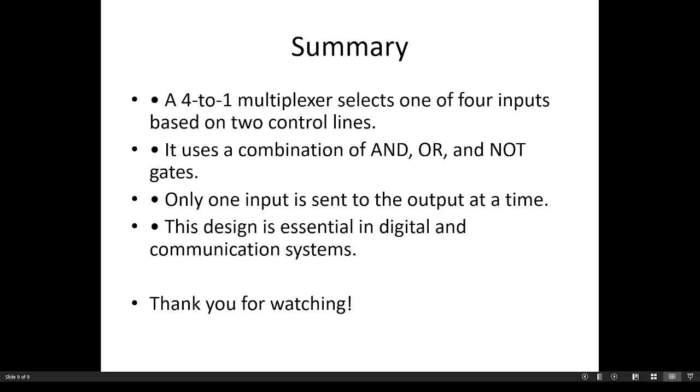Also, we said it uses combinations of AND, OR, and NOT gates. Only one input is sent to the output at a time. Lastly, this design is essential in digital and communication systems.